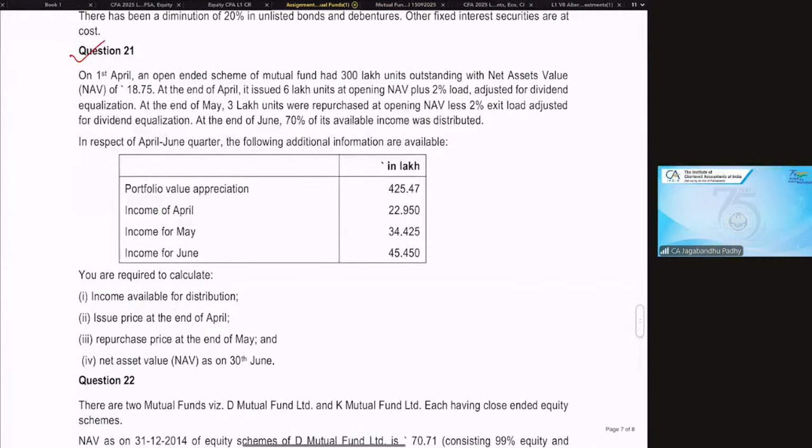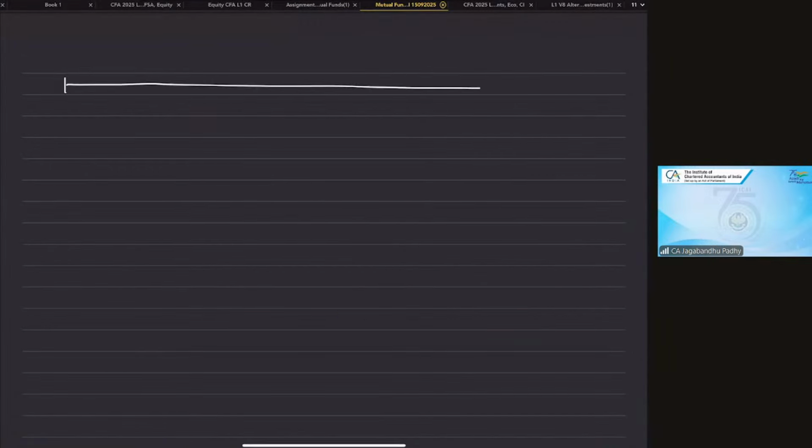So if you look at the pattern of movement of the units, we have three months: April, May, and June.